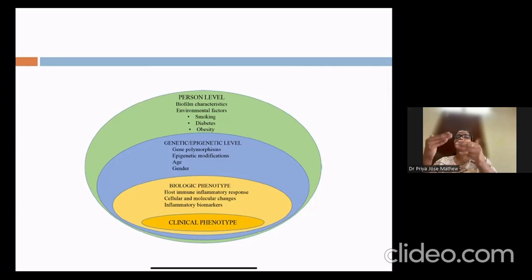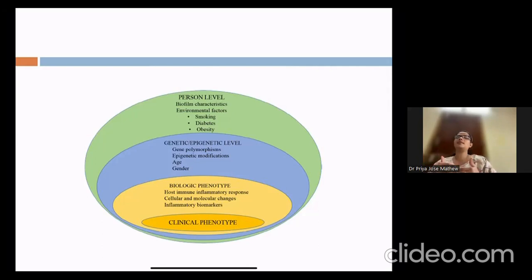Now these cumulative factors determine the biologic phenotype expression, which is expressed in the third ring. The biologic phenotype expression means the host immune inflammatory response, the cellular and molecular changes, and the inflammatory biomarkers.